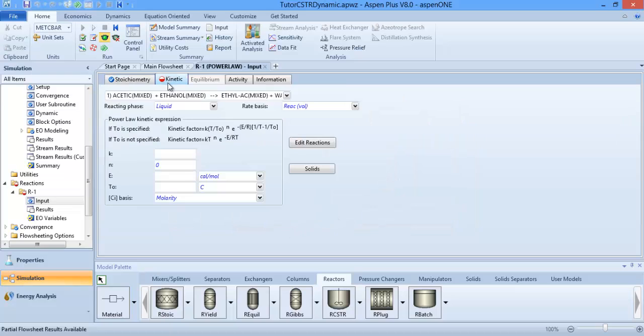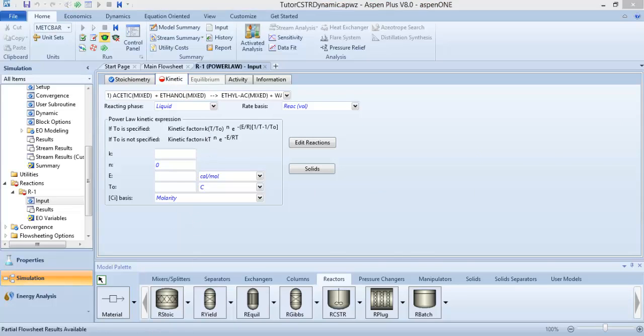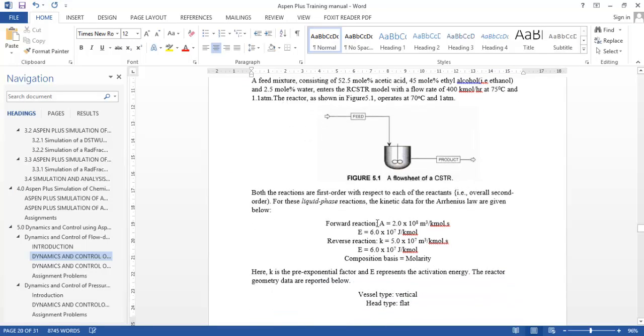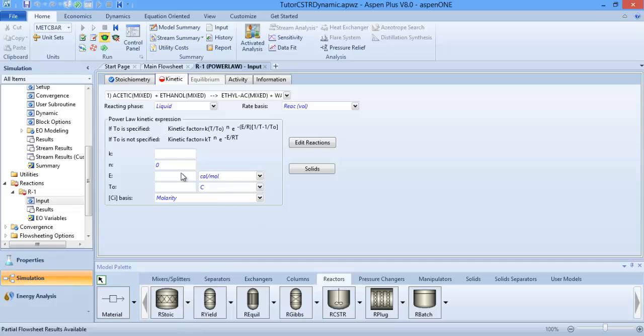Then we can input the kinetic parameters. For the forward reaction, we have 2 times 10 to the power 8 for the pre-exponential factor, that's 2E8.